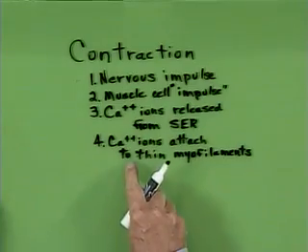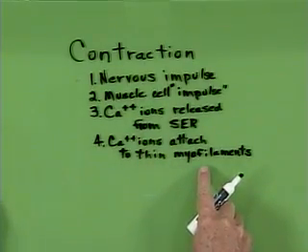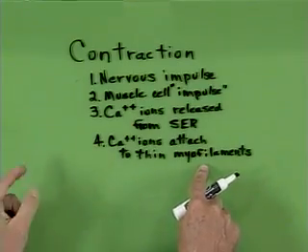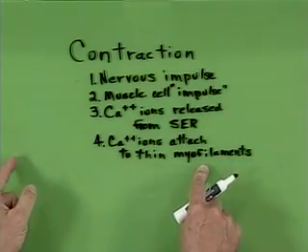And when they attach to these thin myofilaments, they cause some conformational or shape changes on those thin myofilaments, which actually uncover some binding sites. Now, let me make it real simple here. We cause a shape change, and we cause the thick and thin myofilaments to be physically attracted to each other in an electrostatic manner.